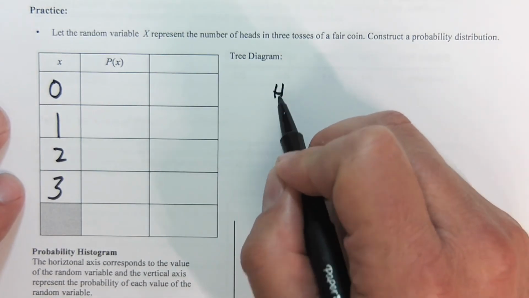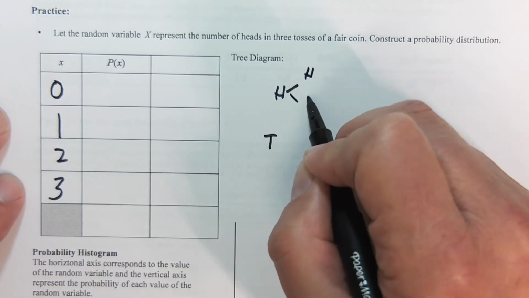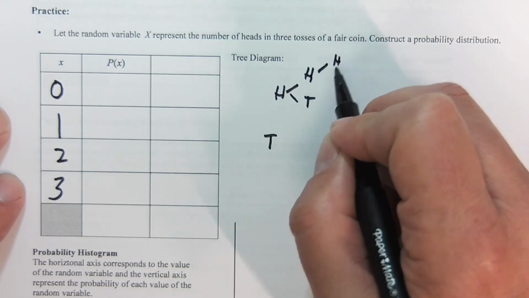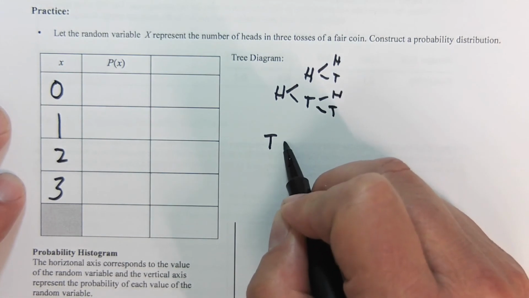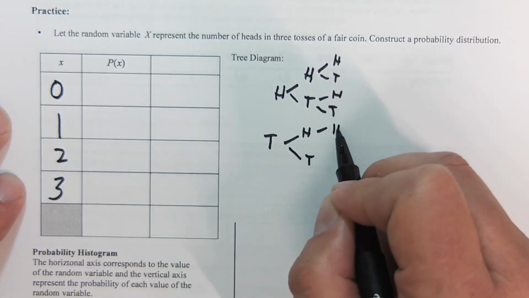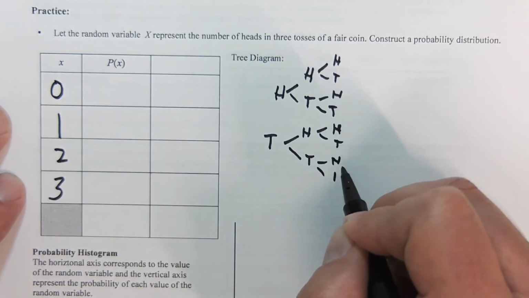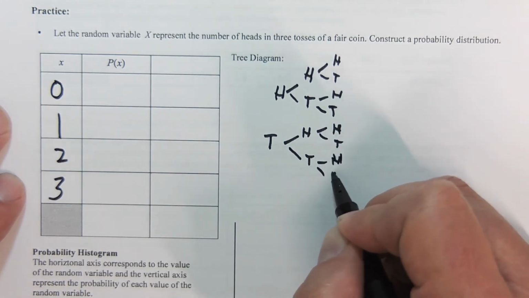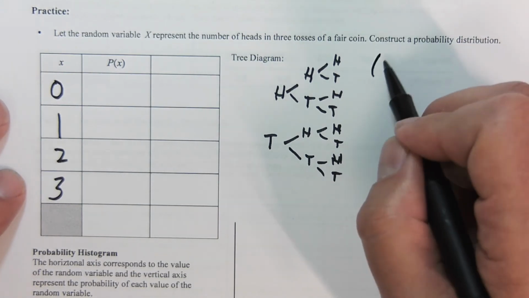And I'm going to write out the sample space here. And we can see that we have quite a few combinations.